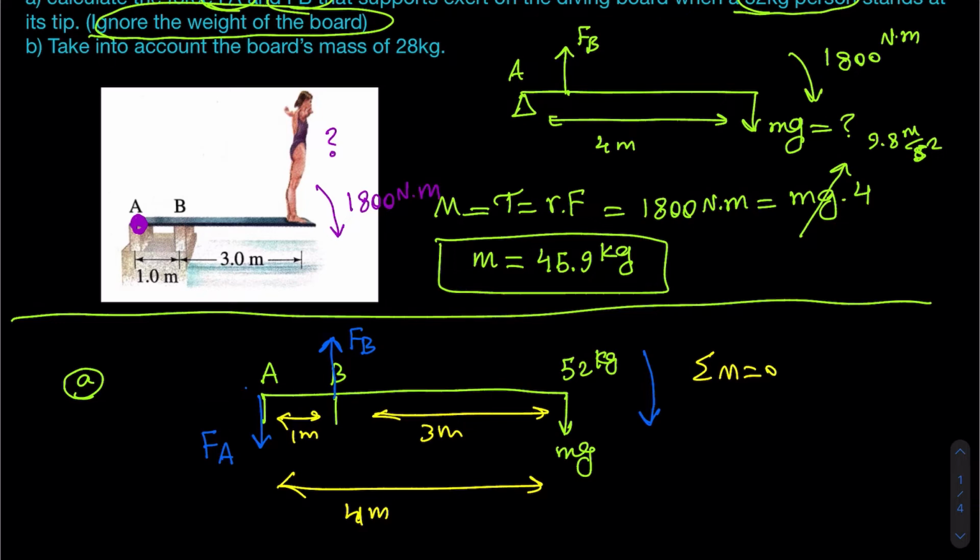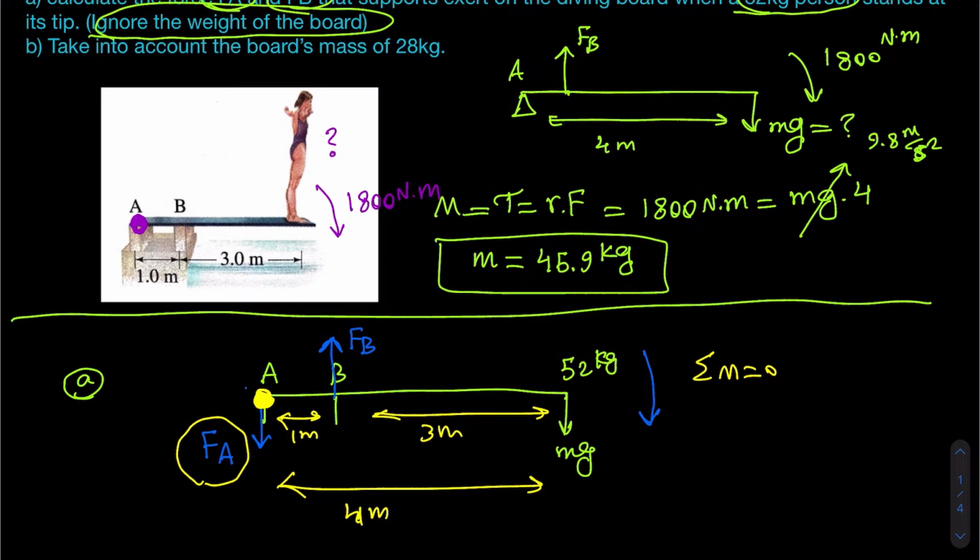If we take part A as the fulcrum, the logic behind that is because we want to remove one of the unknowns to be able to solve the problem easier. So if we set the fulcrum here at this point, FA will not appear in our calculation since it does not make any turning effect, because the distance is 0, directly perpendicular to the fulcrum.